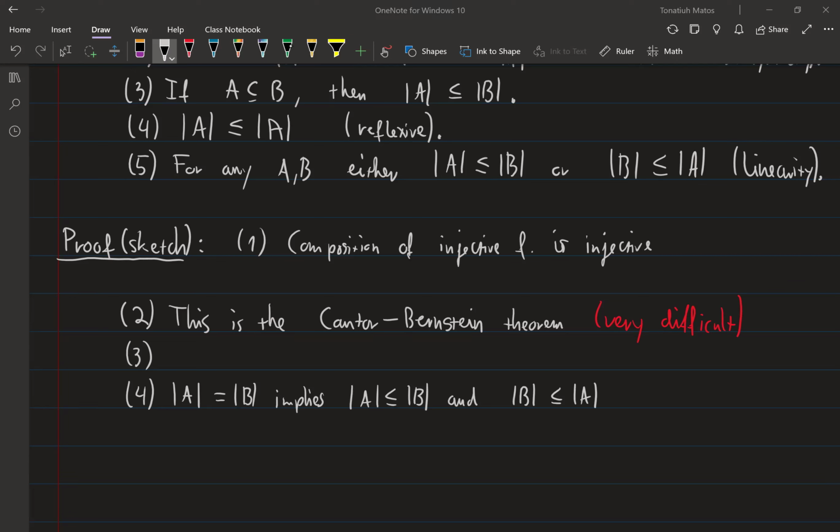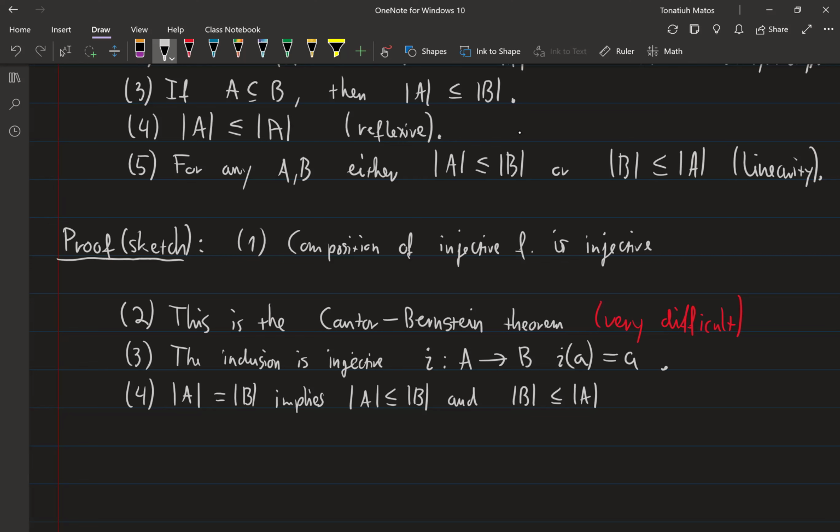Okay, the inclusion function was suggested in the chat. Correct. So the inclusion is injective. Sorry, not bijective. I was thinking of the identity because I was talking about the other one. Sorry about that. So the inclusion, sometimes denoted with an i, sends every element to itself.